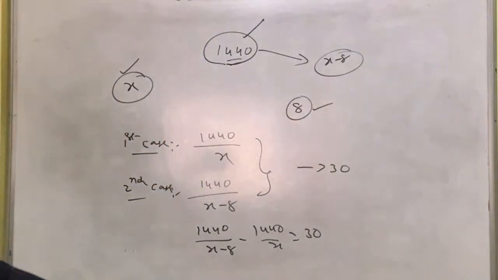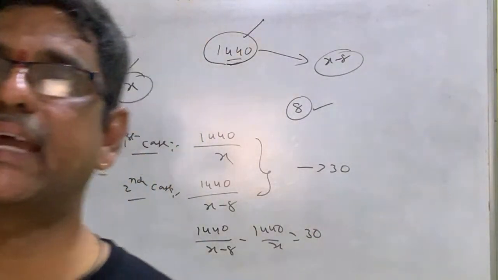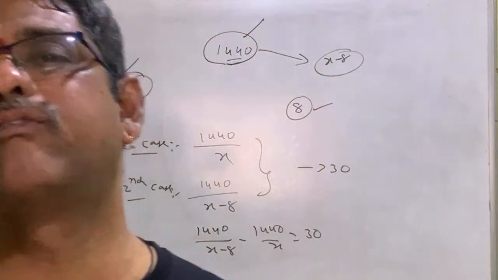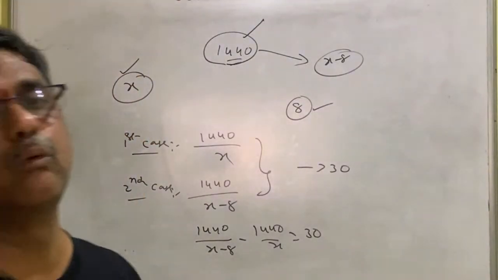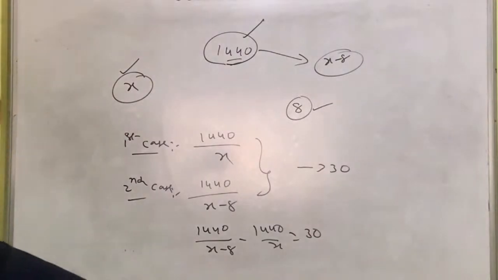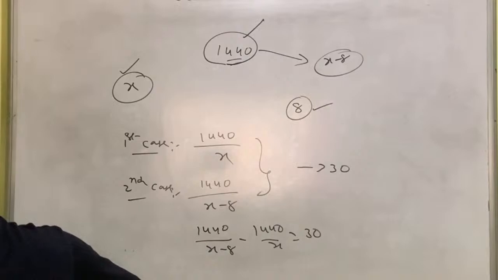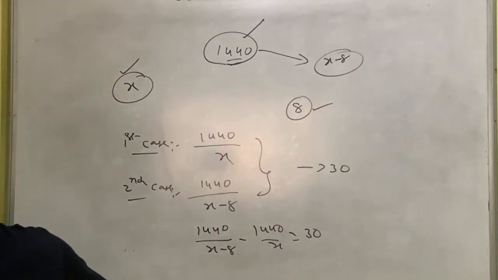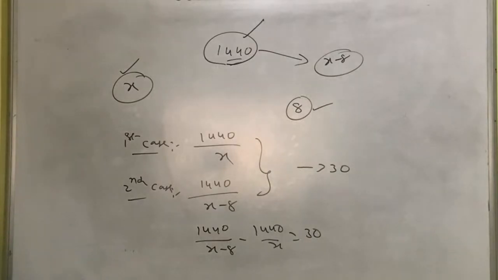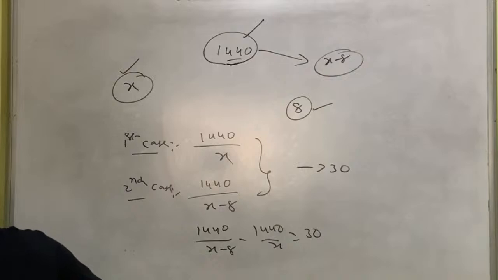Always consider present age as x, then you can move forward or even backward. See, my present age is x, then what is my age after 5 years?